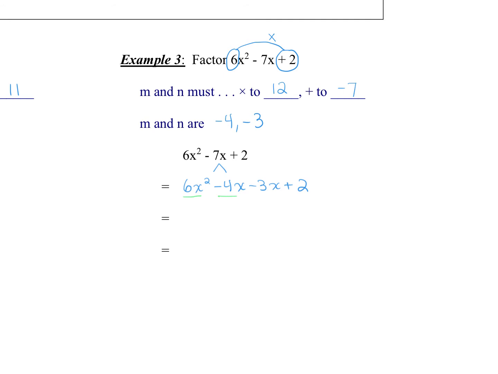From the first two terms, 6x squared minus 4x, the common factor is 2x. When you divide each of these by 2x, 6x squared divided by 2x is 3x, and -4x divided by 2x is -2.